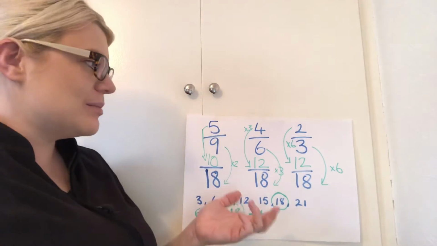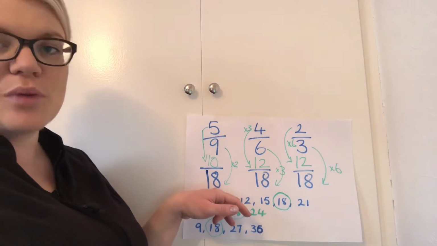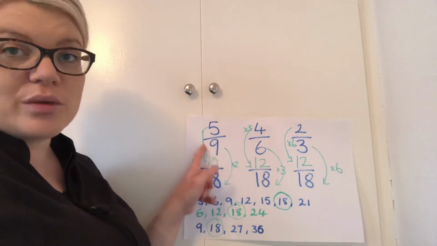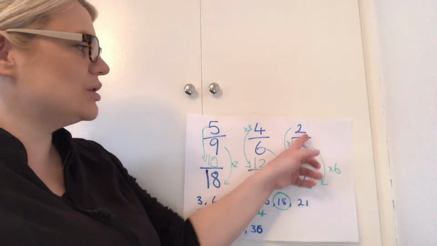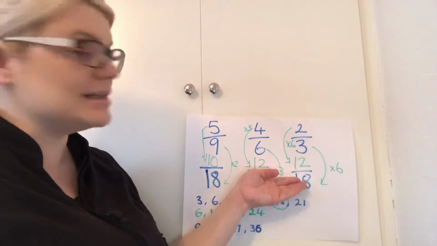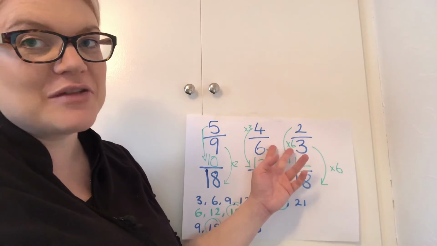So if I were to compare these then, we have 10/18ths is the smallest fraction. So that would be our 5/9 because we always go back to the original. And then 4/6 and 2/3 are exactly the same. They're exactly the same size. They are equivalent fractions. I should have seen that when I was making up the question, but never mind.